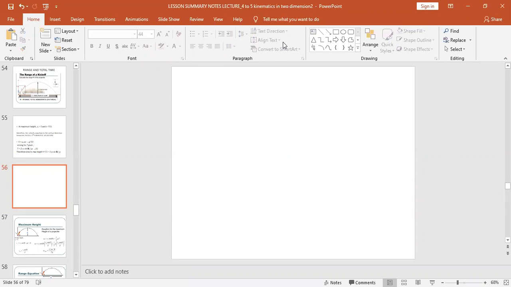We said that in the y component, we know that acceleration due to gravity is constant. So the acceleration on the object is negative g, which is constant.